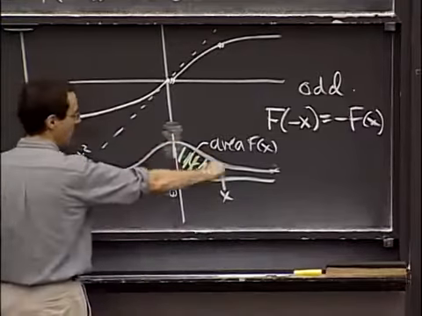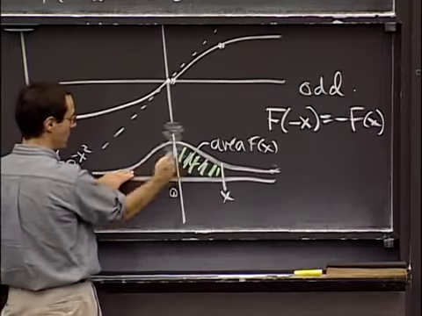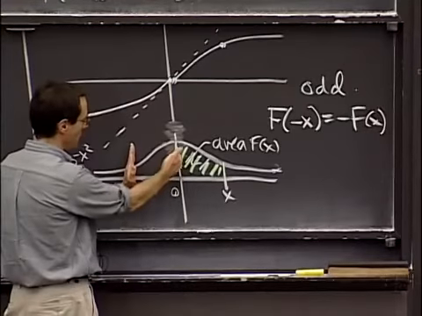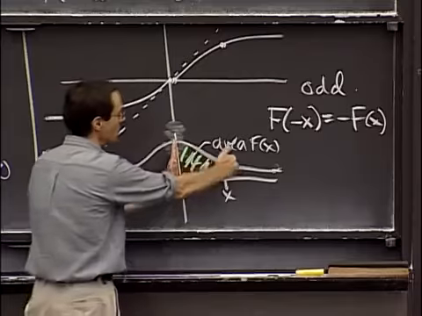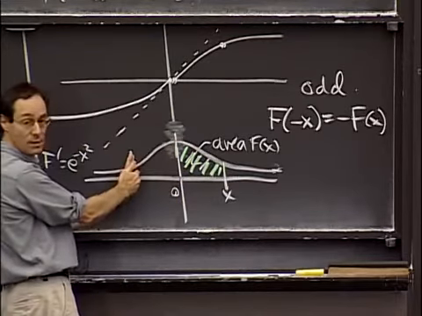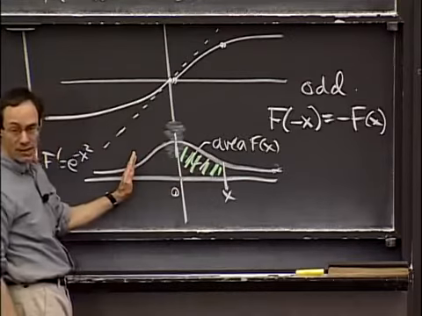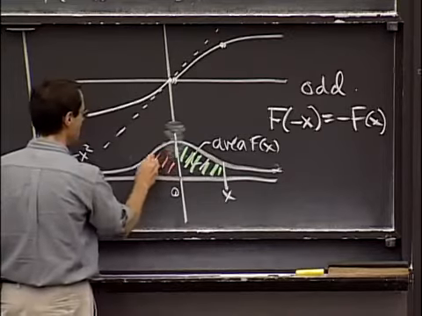The graph here is even, so what's back here is exactly the same as what's forward. But now there's a reversal because we're keeping track of the area starting from 0 going forward. That's positive. If we go backwards, it's counted negatively. So if we went backwards to minus x, we'd get exactly the same as that green patch over there. We'd get a red patch over here, but it would be counted negatively.